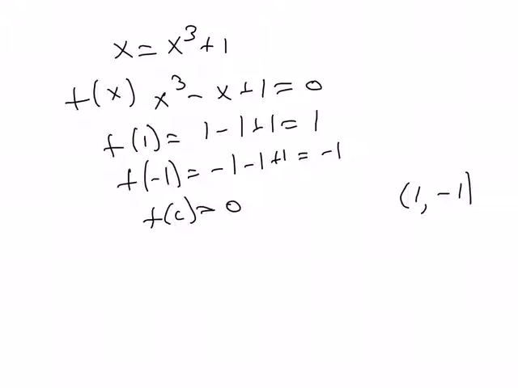And so we have that c cubed minus c plus 1 is equal to 0. Or, in other words, for this c, we have c is equal to c to the third plus 1.